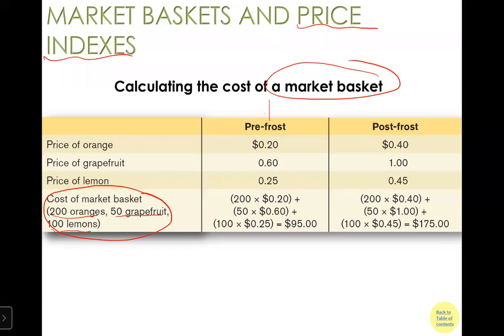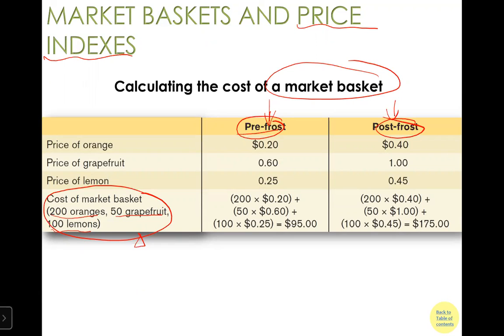This column gives you the price at one point, and this column gives you the price at another moment. Here we are trying to calculate the cost of this basket at a different time point so that we can value the aggregate price level.